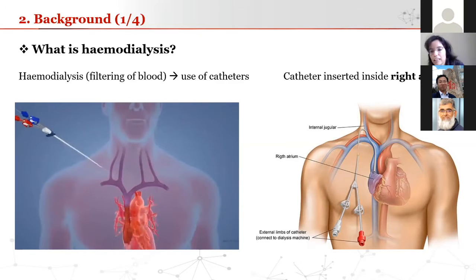If you look at the image on the right, this is the kind of setup which happens to these patients. The catheter is placed in this position, and then we have two extremities which will be connected to the dialysis machine.